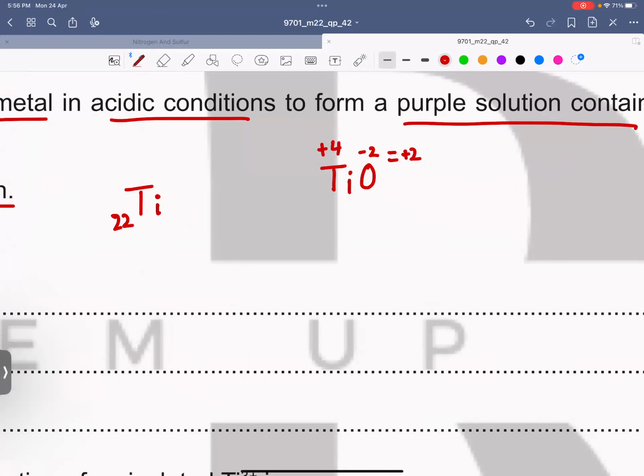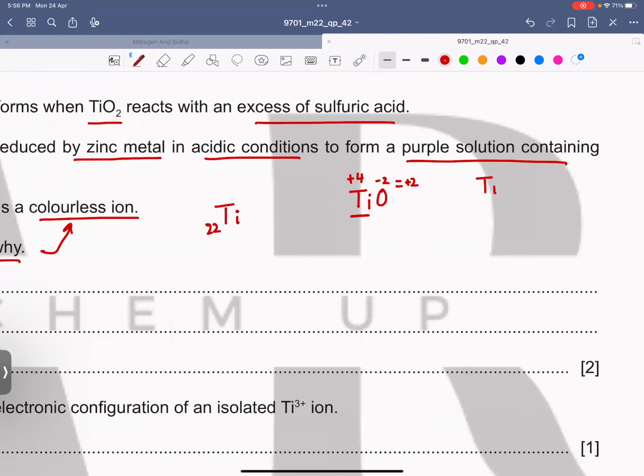In TiO2 positive, the oxidation state of titanium is 4 positive. Let's look at its electronic configuration. It has 4 electrons fewer than the atom. The atom has 22 electrons, so it must have 18 electrons.